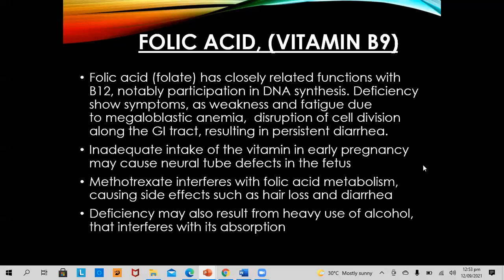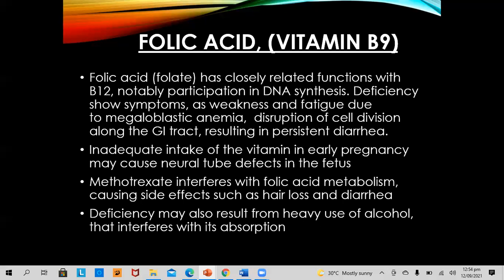Then comes a very important vitamin, which is folic acid. Folic acid is also known as vitamin B9. Folic acid or folate has closely related function with vitamin B12, notably participation in DNA synthesis.